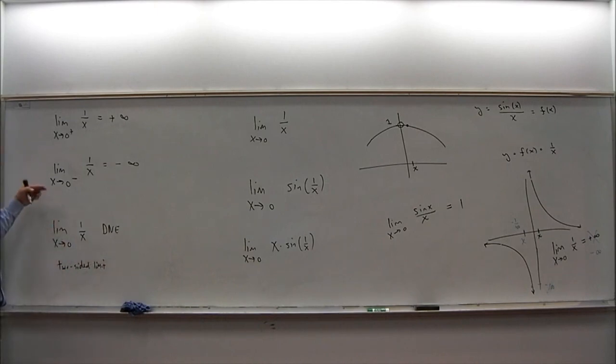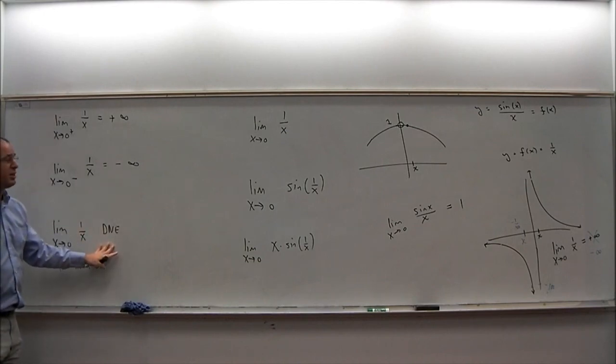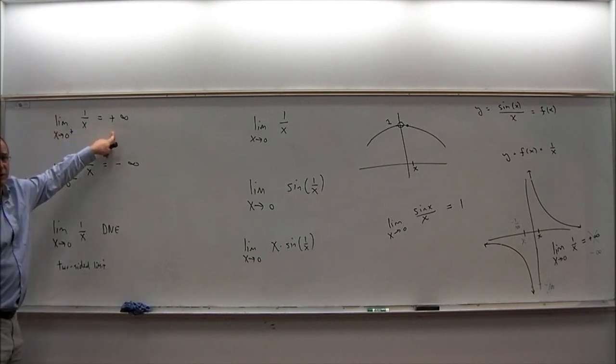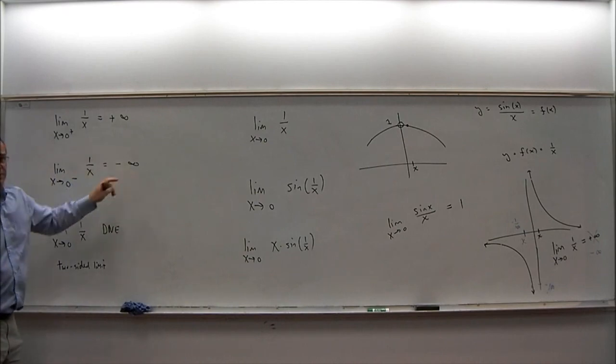And when the different sides have answers that don't agree, then the best we can do is say that the two-sided limit does not exist. We can then further describe the situation by discussing the one-sided limits. So the two-sided limit doesn't exist, but the right-hand limit is plus infinity, and the left-hand limit is minus infinity.